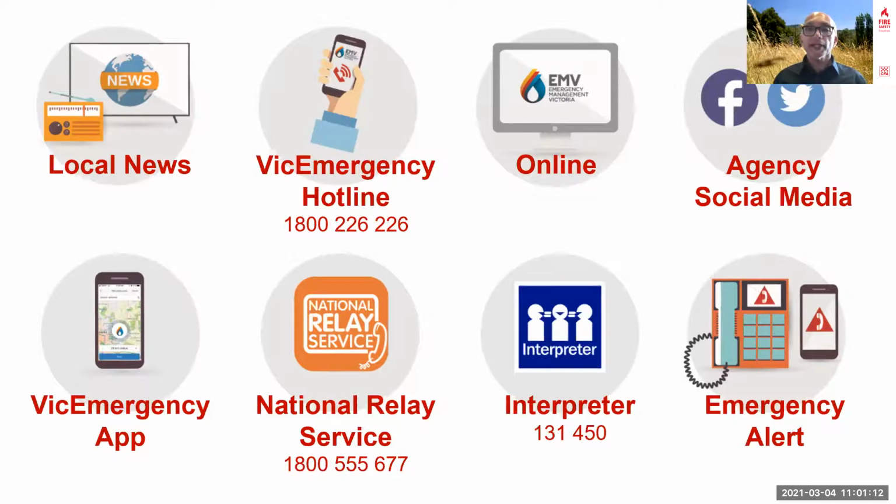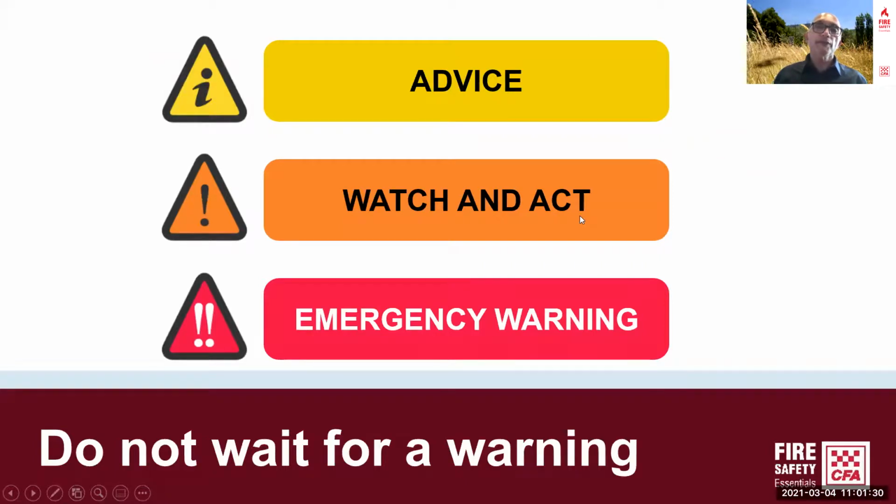There are a number of other platforms mentioned there, which will also offer you credible, legitimate, real-time, evidence-based information about fire behaviour and emergency precautions. We're going to peel the layers back a bit more and talk about the Vic Emergency app and the warning triage or warning system that has been in place for a number of years.